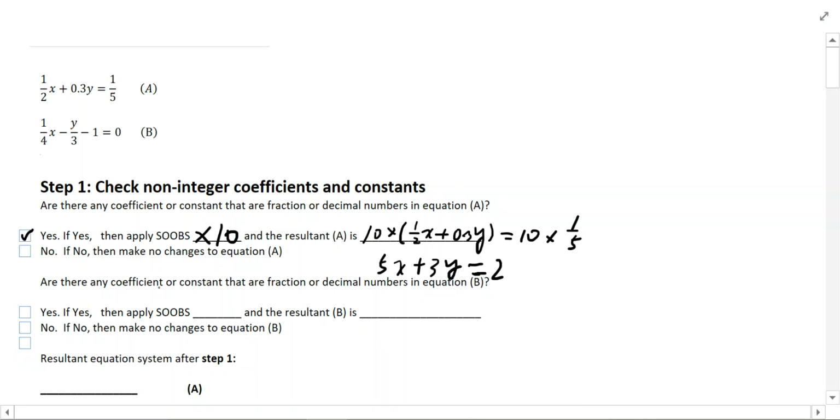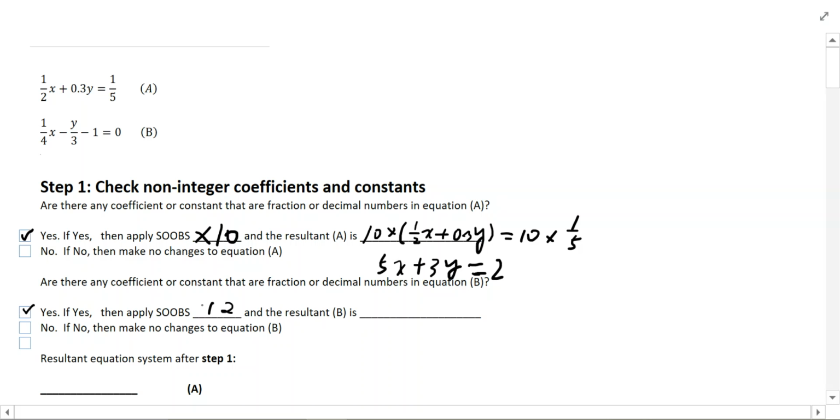And are there any coefficients or constants that are fractions in B? Yes, same question. In equation B we have 1/4, 1/3, so it's yes. Then we're going to apply SOLBS, and apparently there's 3 and 4, so we need to think of the LCM of 12.